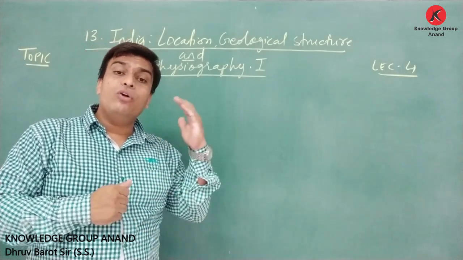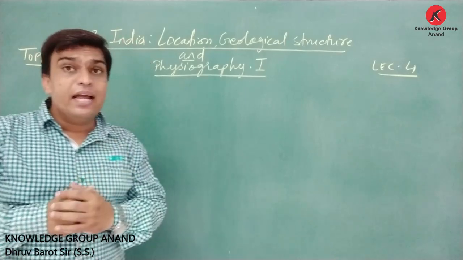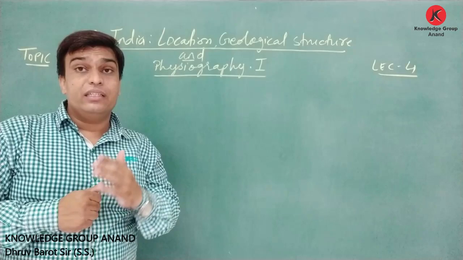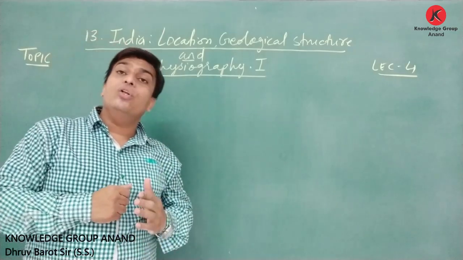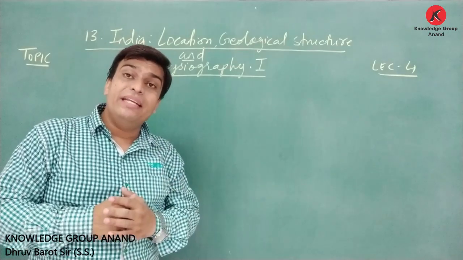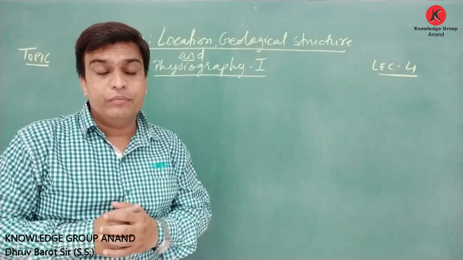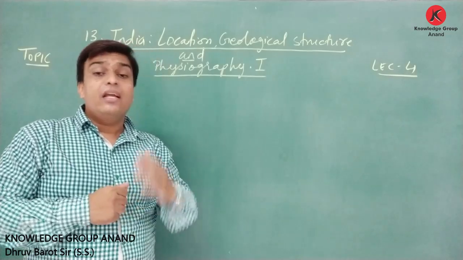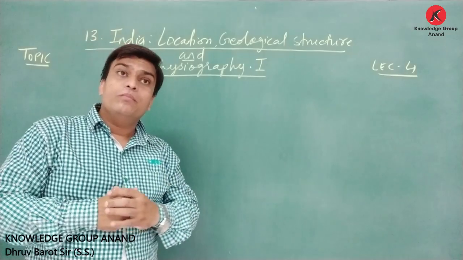Longitudinally, India is located from 68 degrees 7 minute east longitude to 97 degree 25 minutes east longitude.